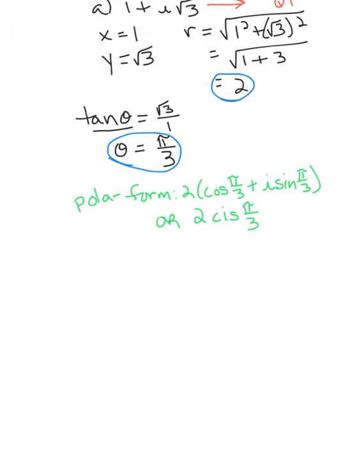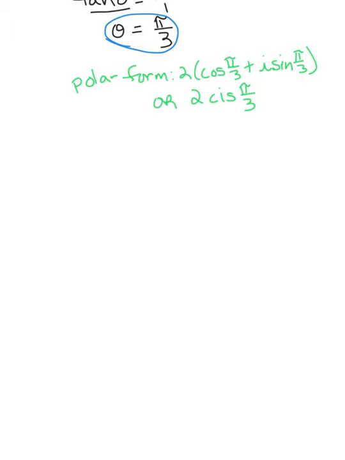So let's look at another one. Let's look at 3 minus 3i. We know that our x is the first number, our y is the coefficient of the i, so it's -3.